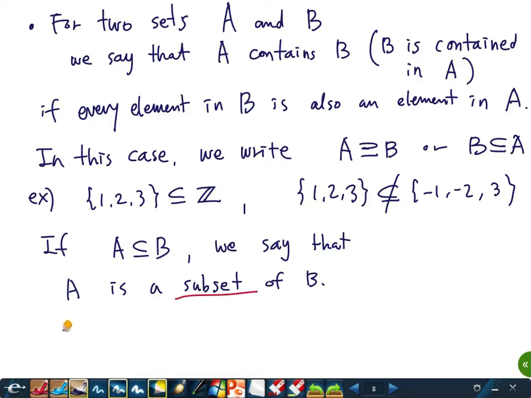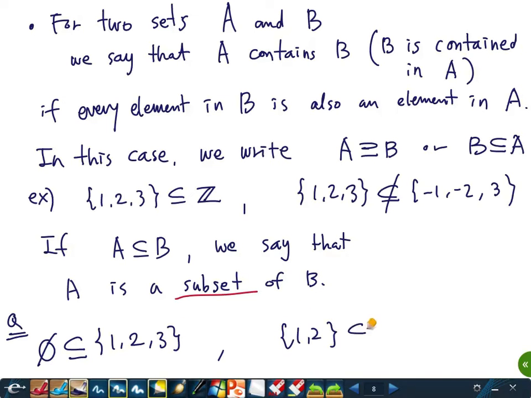Here is a quick question for you. Do you think this is true? The first question is this. The second question is, I'm asking you whether these are true or not. Do you think this is true? Yes, it's true.